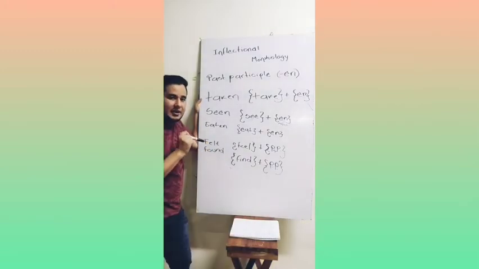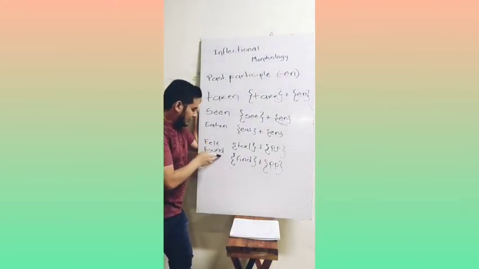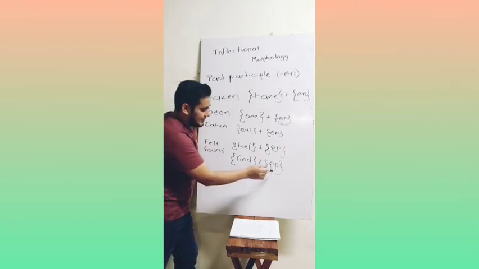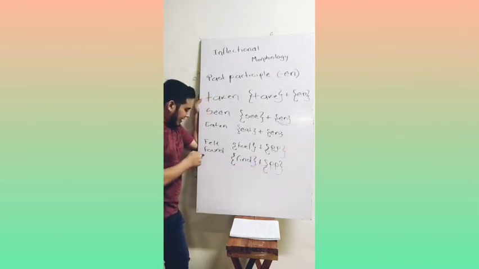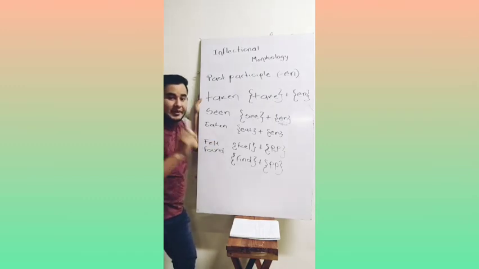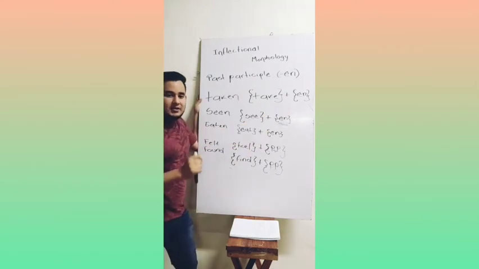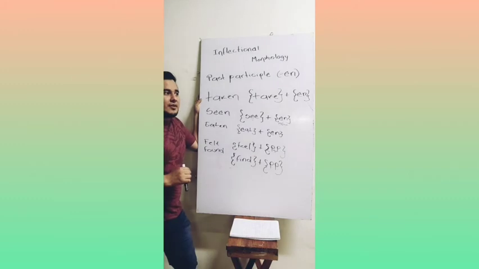The same thing happens with the verb found, that is the verb find plus the past participle, we have the verb found. These verbs are inflected, but they don't have the en suffix because they are exceptions. They are not regular.